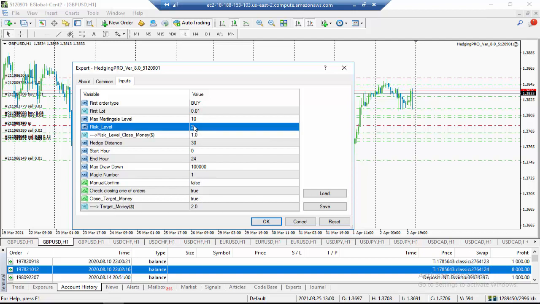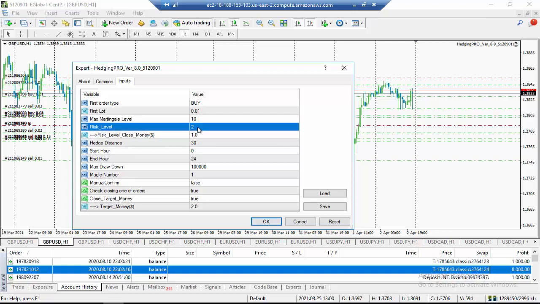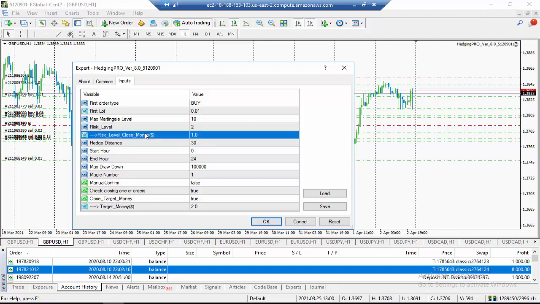So now if the risk level is 2, despite the fact that I said the software can go to 10 level, second level is when I'm changing my mind. I don't want 2 cents or $2 as my take profit again. Then my risk level close profit, I want it to be 1 cent.